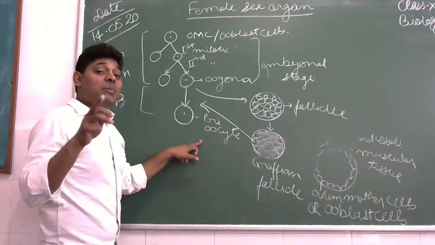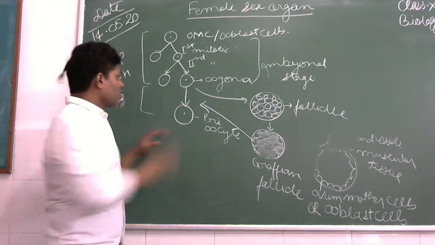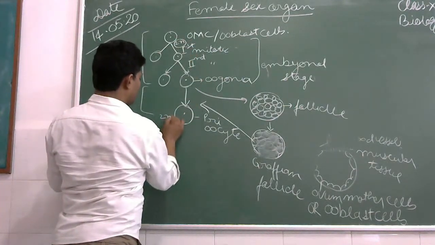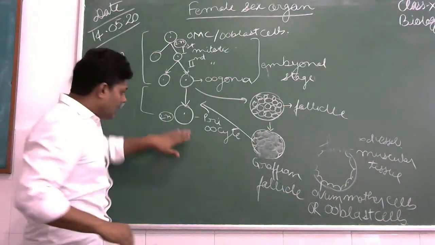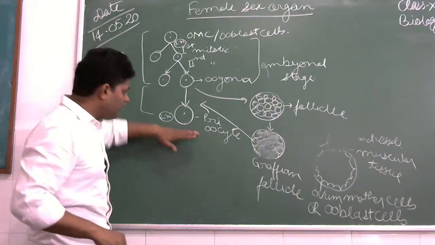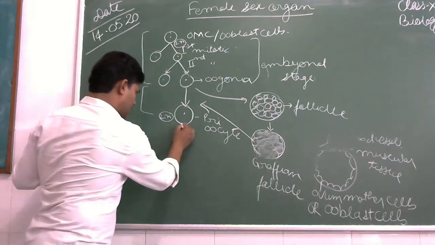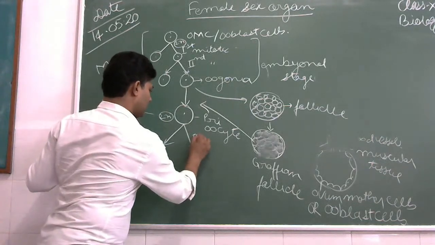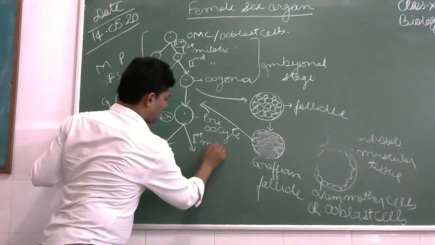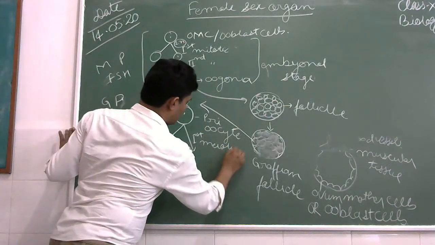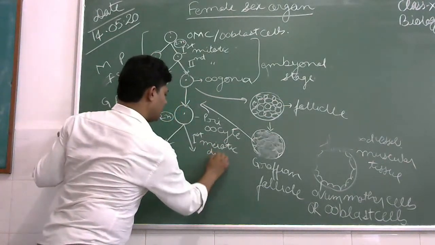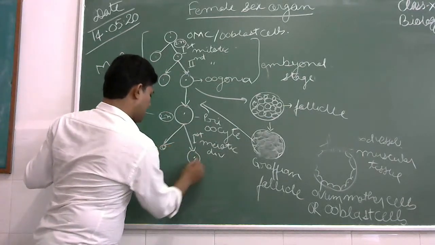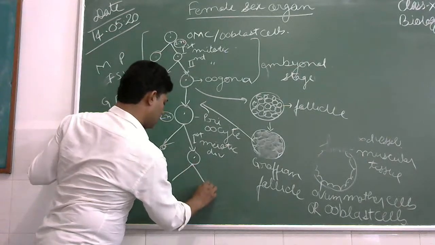Here we need meiotic cell division. This is the 2n number and this is also 2n. Now the number of chromosomes becomes half after this primary oocyte. So what happens? First meiotic division, and then second meiotic division.